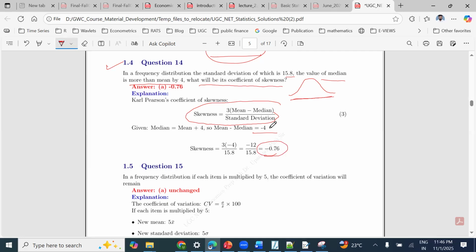Again, sir? Yes. What I am trying to tell you is, let us say we have collected data on the family income of a class which we are teaching. We calculated the skewness and got negative skewness of that data.